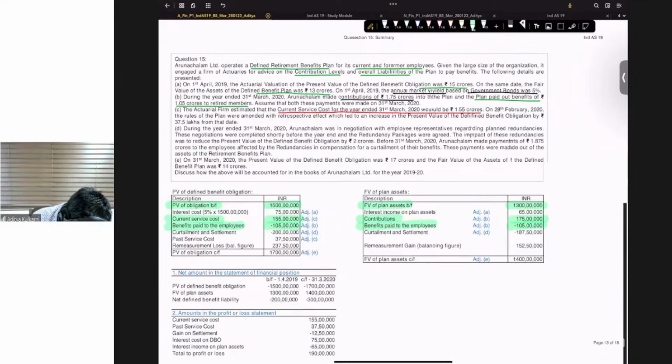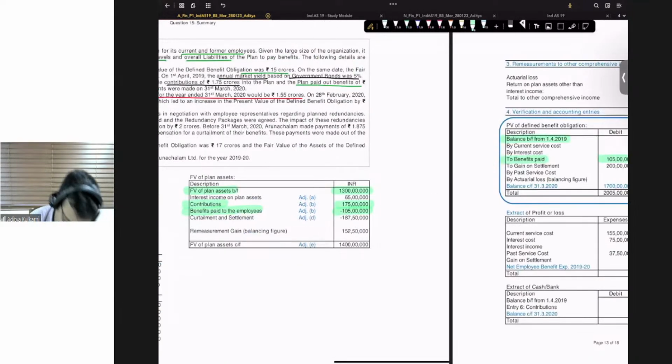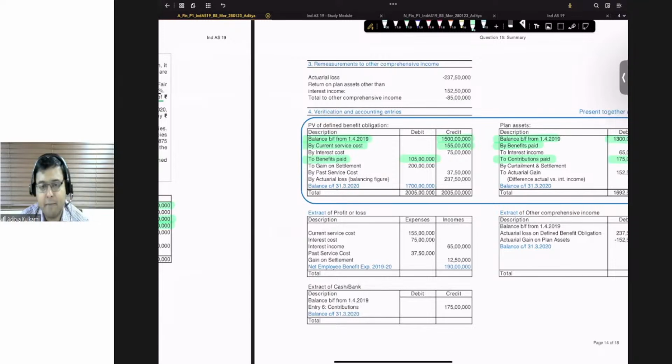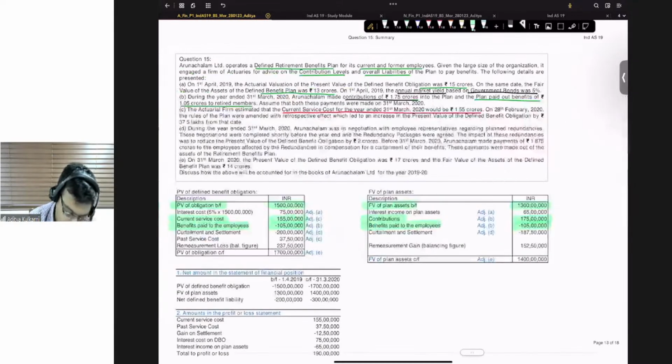So you can see here in the obligation account, I am crediting 1 crore 55 lakhs. So far, is it okay? Any doubts till now? Okay, no doubts. Fine. Let us proceed further.